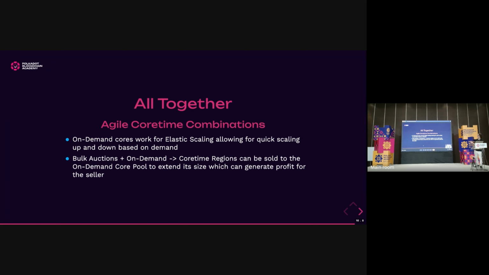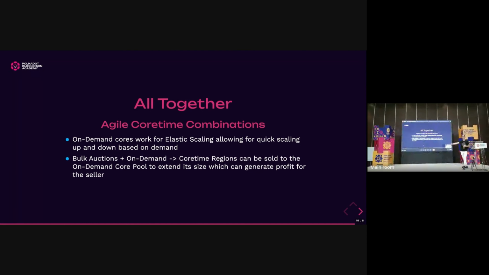And more interestingly, on-demand works with elastic scaling. And I think this is the feature a lot of the parachains have been really excited for, because you can have a single execution core and essentially have some kind of a script or an overlay that detects how much traffic there is on your parachain.